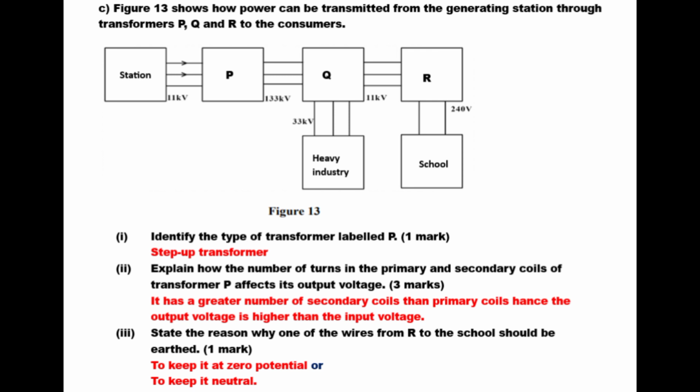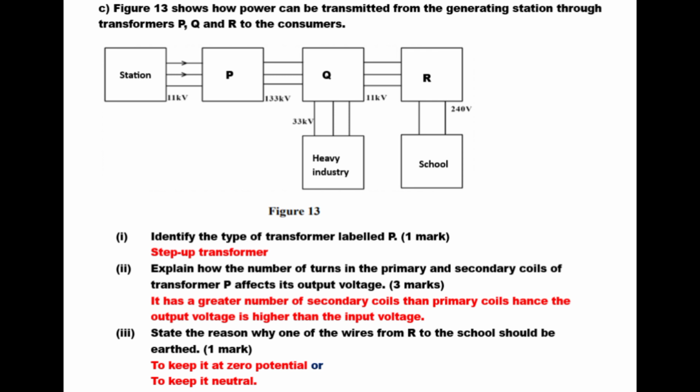Secondary coils are higher than primary coils. Because secondary coils are more, it simply implies that voltage will be stepped up. In other words, secondary voltage will be higher than primary voltage.